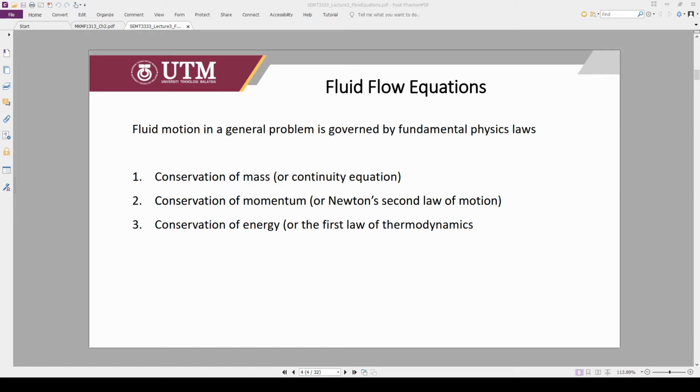The second one is the conservation of momentum, sometimes called Newton's second law, derived from the second law of motion, and also known as the Navier-Stokes equation. And the last one is the conservation of energy, which is derived from the first law of thermodynamics.